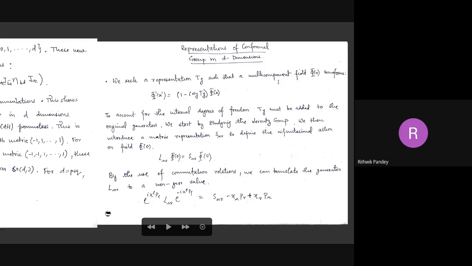But if we have a multi-component field phi which has its own internal degrees of freedom, we have to get the complete generators. To specify that, we have to know how that field transforms under a conformal transformation. So we seek a representation T_g such that a multi-component field phi of x transforms in the following way, where omega_g are the parameters which parameterize the conformal transformation.